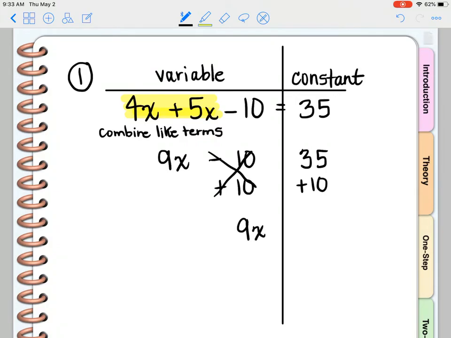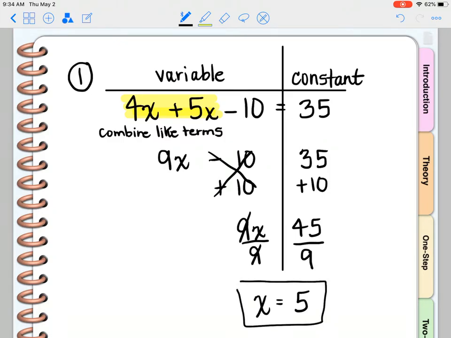And I'm left with 9x equals 45. And then I'm going to divide away the coefficient. So I'm left with x equals 5. 45 divided by 9 is 5. And so that one is solved.